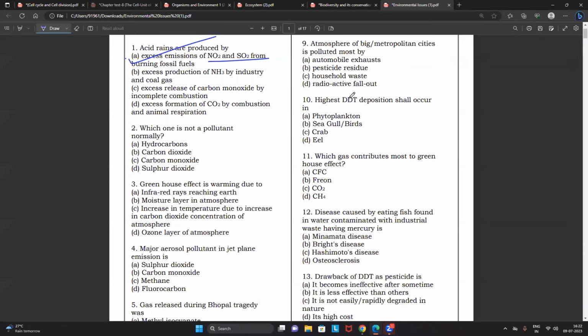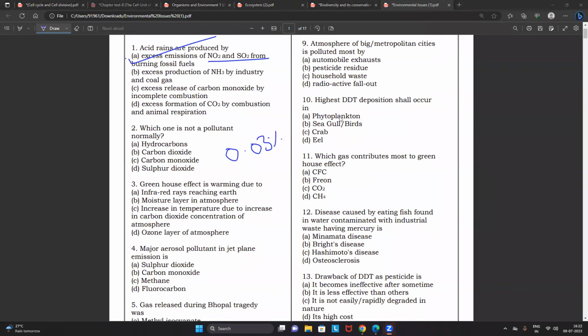Yeah. Question number 2. Which one is not normally a pollutant? It's a very, very good question. You have to tell me why. Because we all know that carbon dioxide in the atmosphere is 0.03%, right?